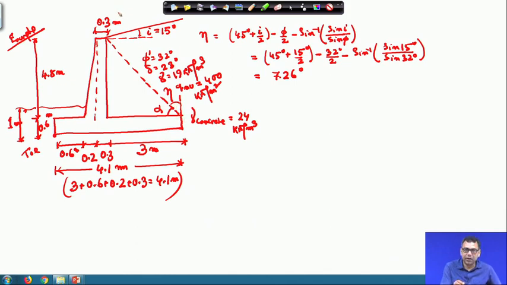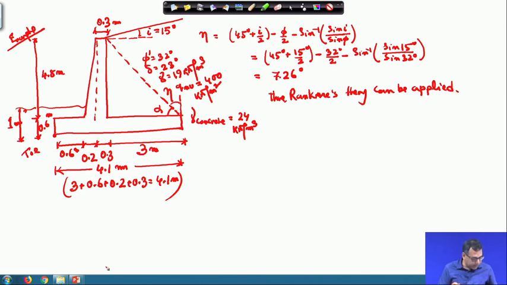So, definitely you can check that this is 4.8 meter and this one is 3 meter. So, 7.26 degrees means it will pass through the backfill, it will not touch the wall. So, we can use the Rankine theory. Thus, the theory can be applied.